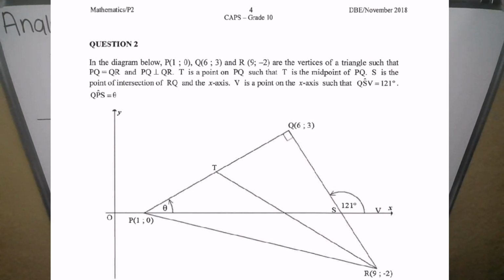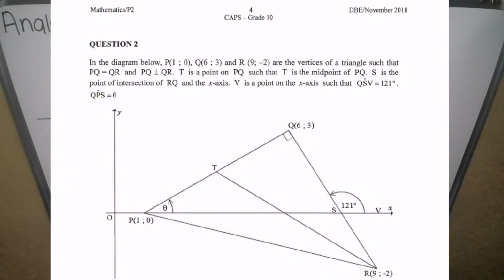In the diagram below, P (1; 0), Q (6; 3), and R (9; -2) are the vertices of a triangle such that PQ is equal to QR and PQ is perpendicular to QR.